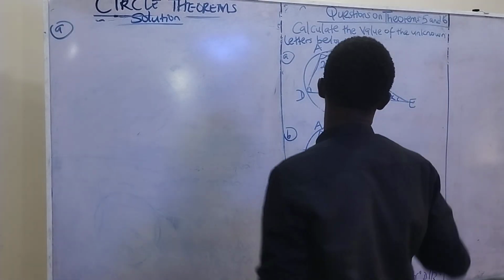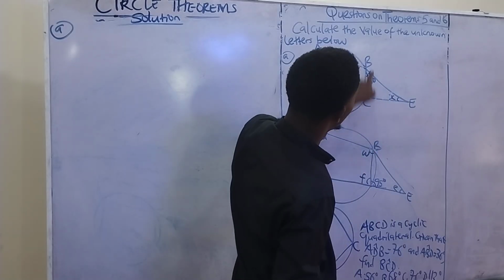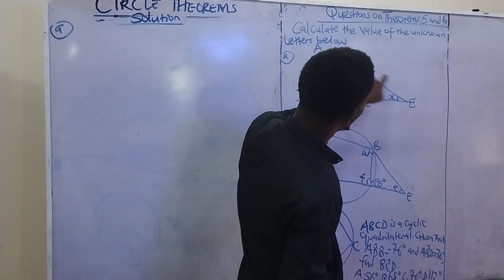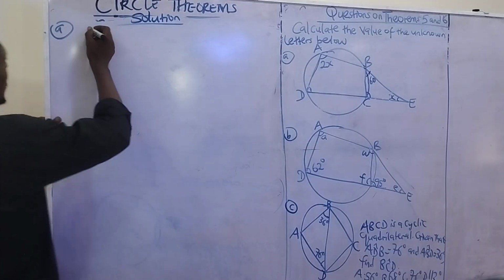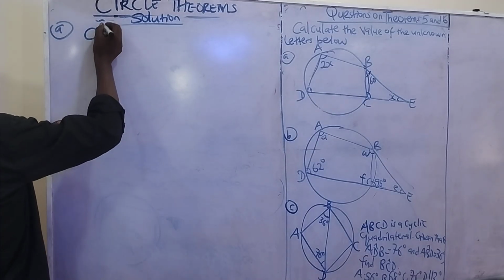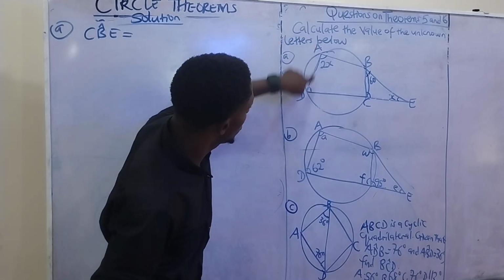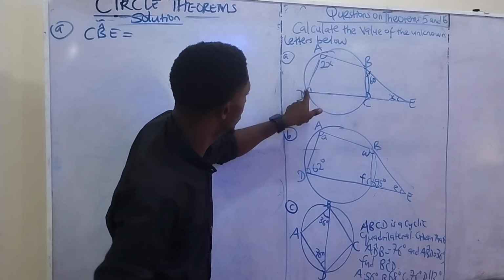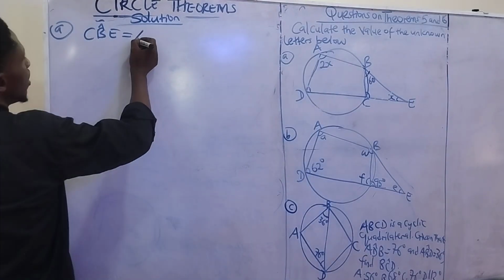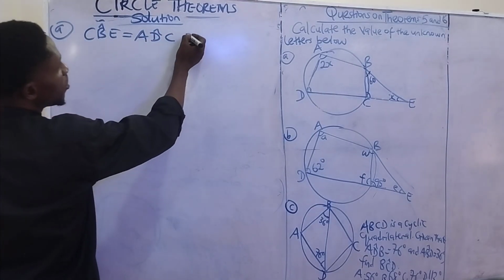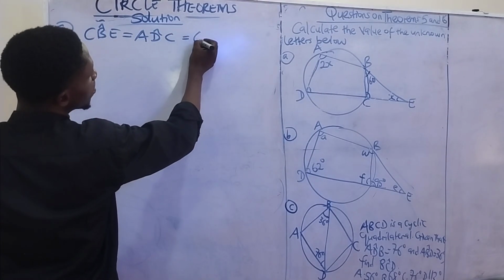So let's say this is angle CBE. We have that angle CBE is equal to angle ADC, which is equal to 60 degrees.